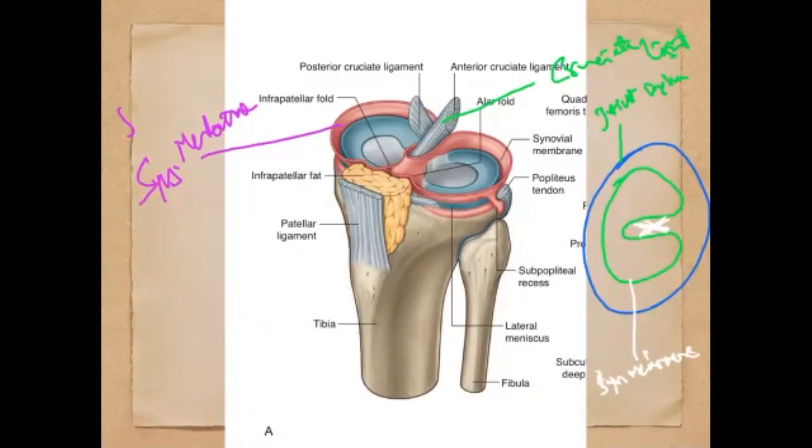That means cruciate ligaments are intracapsular, but they are not intra-articular because synovial membrane does not include cruciate ligaments. Okay, that is here. Here it is represented like this only. Okay, you have to remember that.